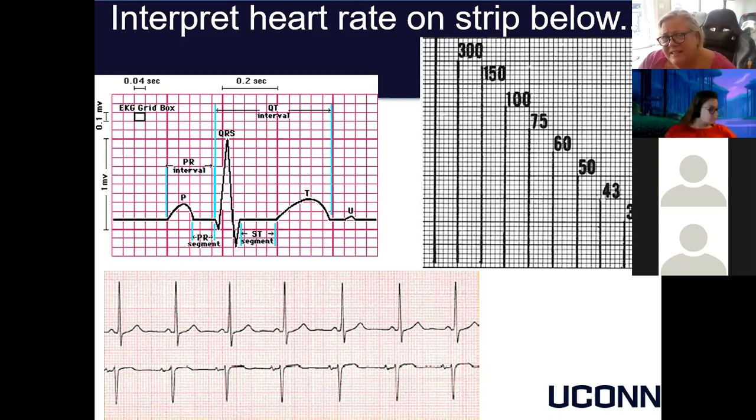It depends on the baseline. When you're looking at a rhythm, that's if you have a 12 lead. But if you're looking at a rhythm strip, you don't have that. You need to calculate that.